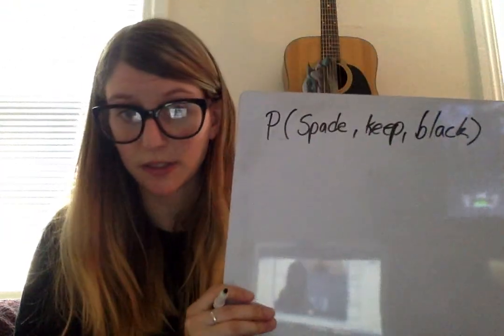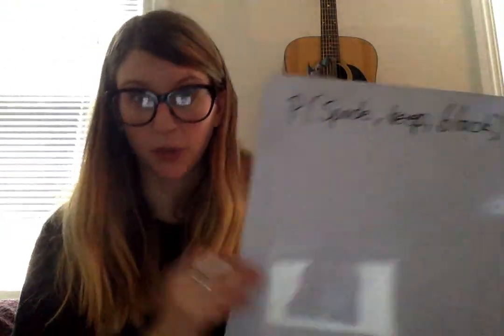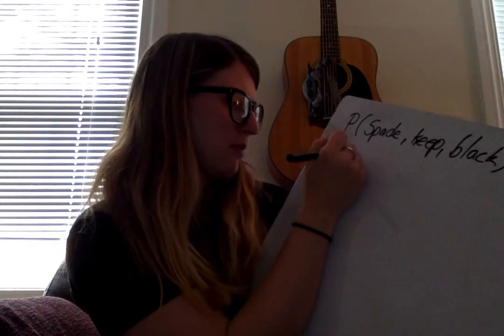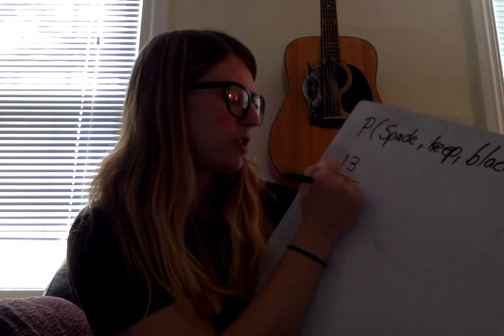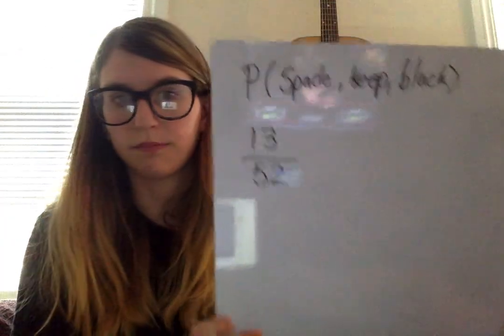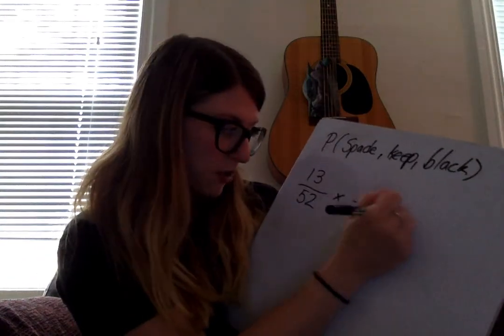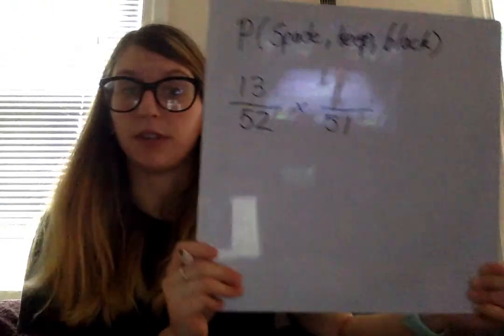At first glance, this seems easy peasy, but there is something in here that you need to remember. So a spade, 13 of them. 13 over 52, that's how many spades there are. Great. But if I'm keeping it, I no longer have 52 cards. I have 51 cards.